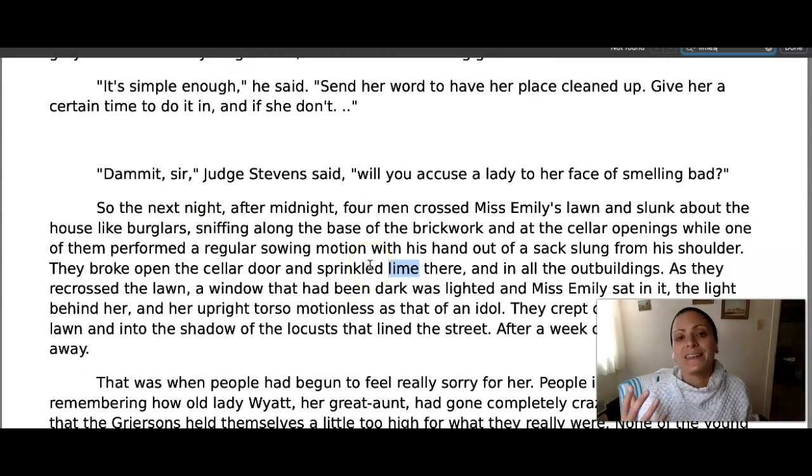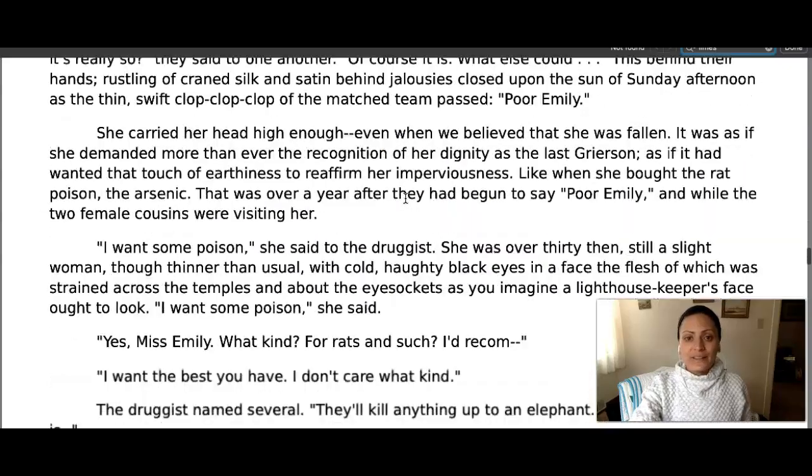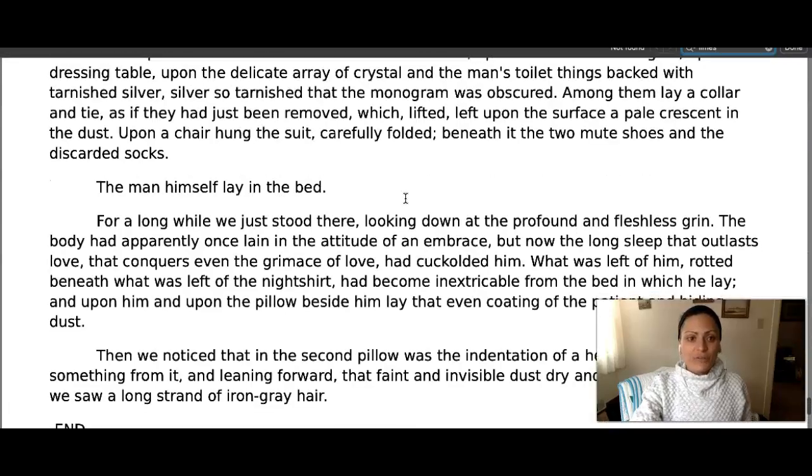And why do they do it at night when she can't see it? Well, one, that's a social commentary on this sort of artificial hierarchy and manners that you're getting in the South. But 2, the reason they're using the lime, right, is that she has, in fact, a rotting corpse up in her bedroom.